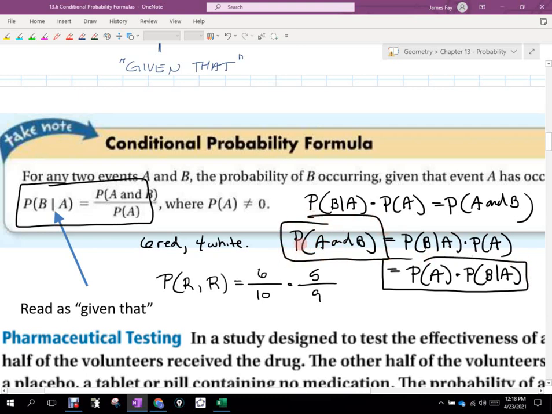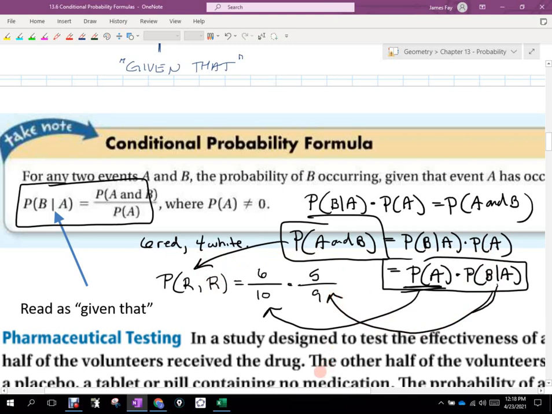Think about what that is. That right there is the probability of getting a red and a red, or a red, then a red. P of A is that right there. What's the probability of getting red? 6 out of 10, right? This here would be, what's the probability of this second thing occurring, which they're calling B? This would have been, what's the probability of getting red, given that red has already occurred?